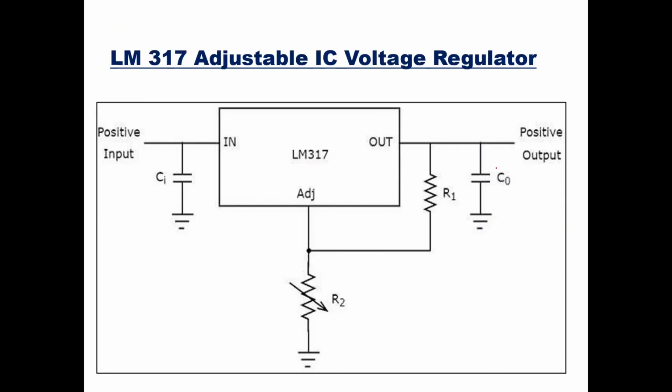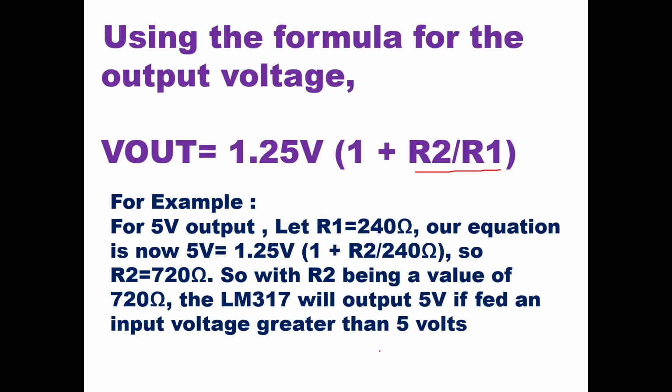If you see the circuit, this is R1, and here you have variable R2. Now we will keep R1 as a fixed quantity. Let R1 be 240 ohms.